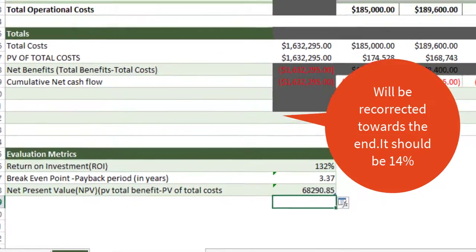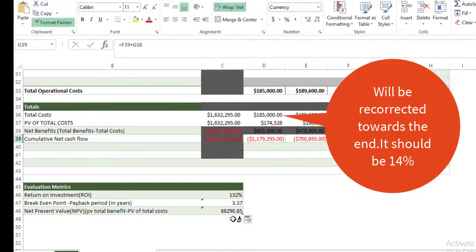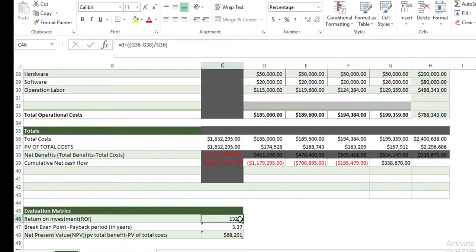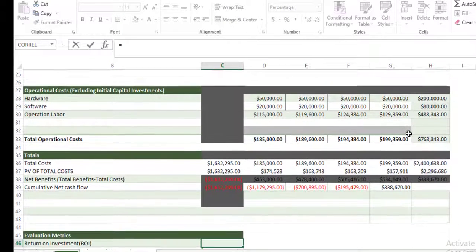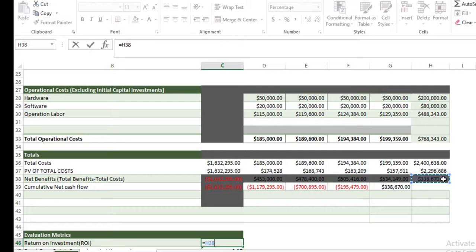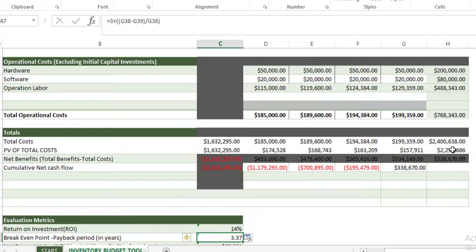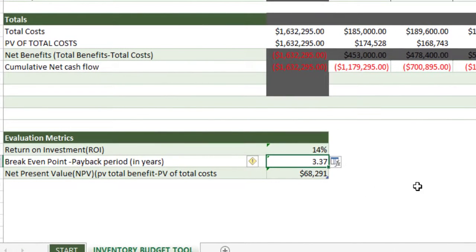We can borrow that formatting and attach it at that given point, and remove the decimal places. Sorry, I don't know how the return on investment changed itself. Let's just calculate it. It's supposed to be net benefit, which in this case is this one, then you divide by the total costs, which is that one, and it's going to give us 14%.